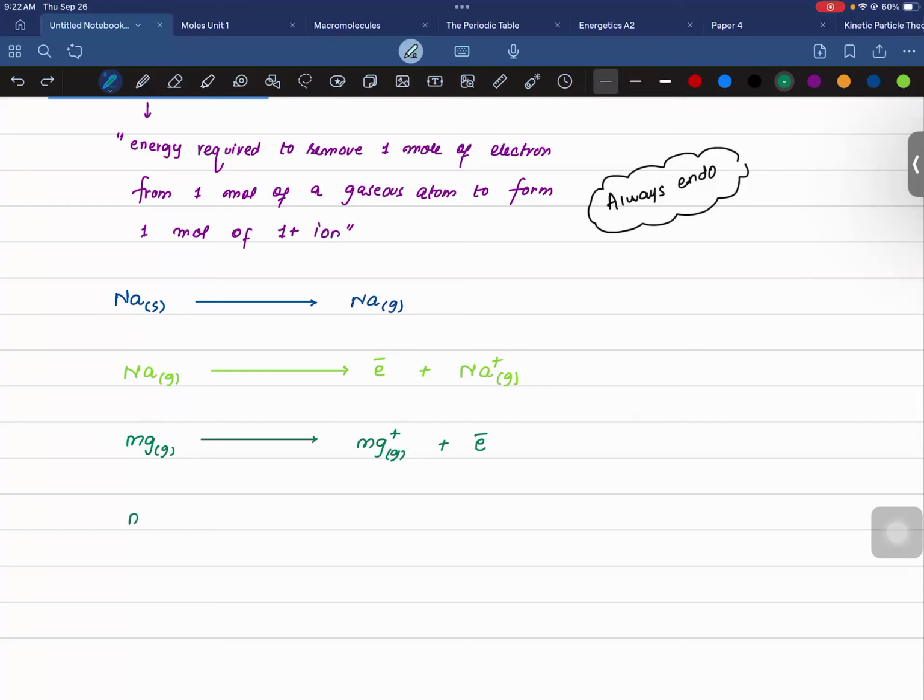Once the first electron is removed, you can remove the second electron to become Mg2+ gaseous cation, with a +2 charge because it is in group 2. This was the first ionization energy, and this is the second ionization energy.